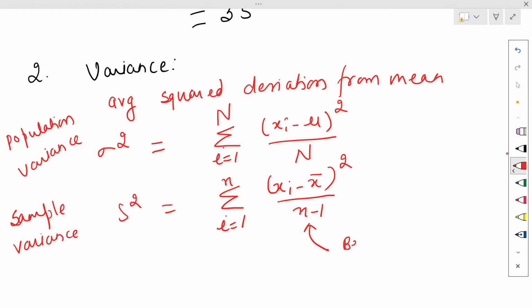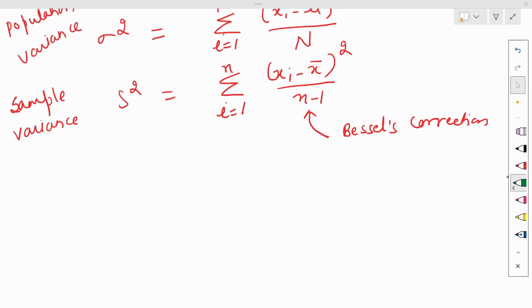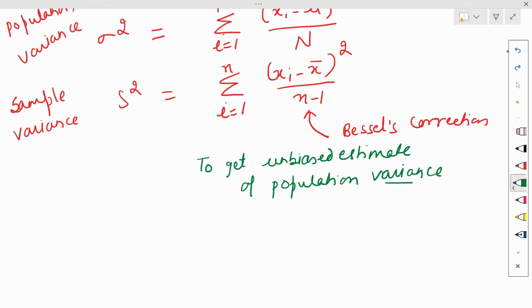This is called Bessel's correction. This is added to get an unbiased estimate of population variance. It was proved by an experiment that if we divide the sum of squared deviation from the sample mean by n minus 1, in that case, we get more unbiased results.